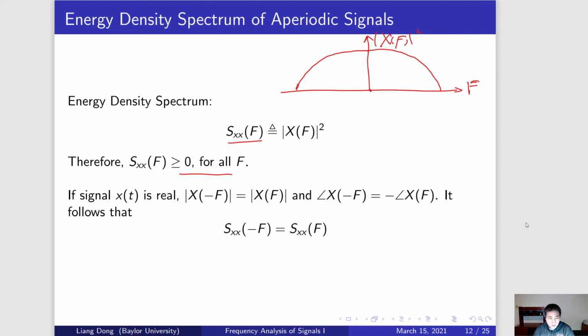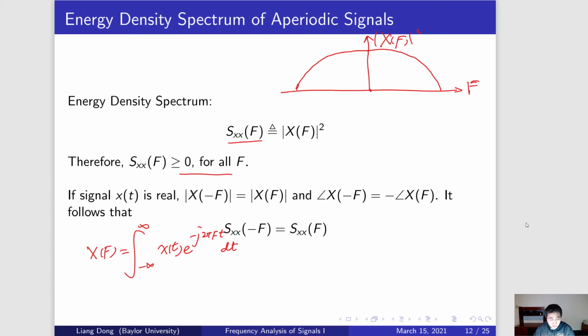If signal x(t) is real, given the Fourier transform equation, X(f) equals the integration of x(t) e to the power negative j2πft dt, then we find out the absolute value of X is even symmetric, and the phase of X is odd symmetric.